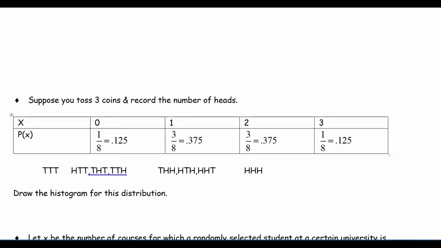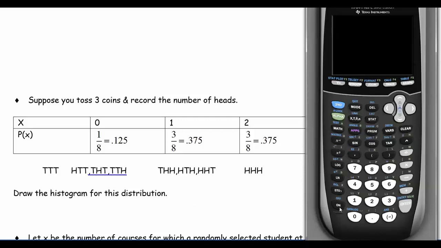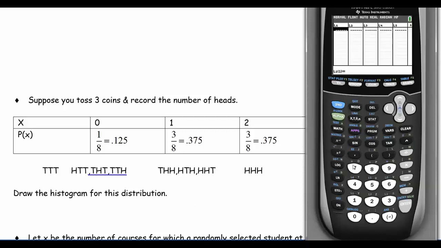Now to draw a histogram, we're going to go to our calculator, turn it on, and go to our stat list, and we're going to input both these sets of numbers. This is a different way to create a histogram. We haven't had this happen yet, at least in our note examples.